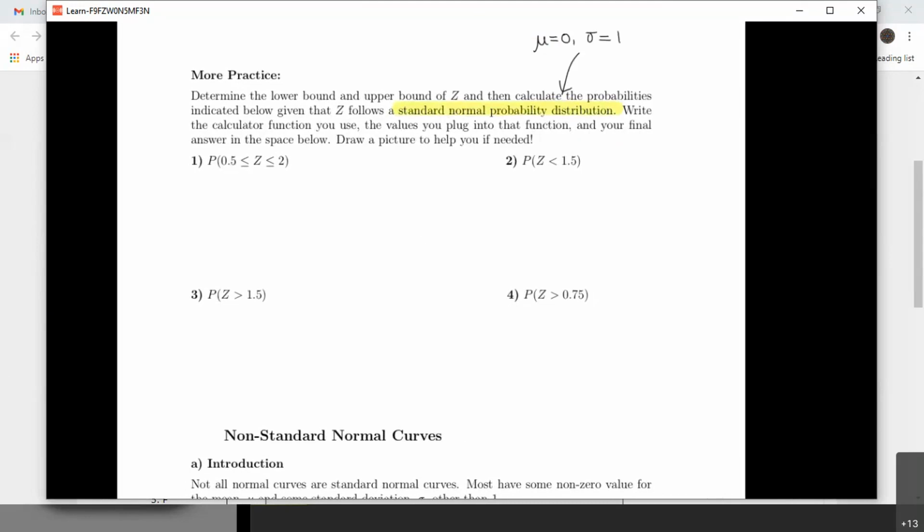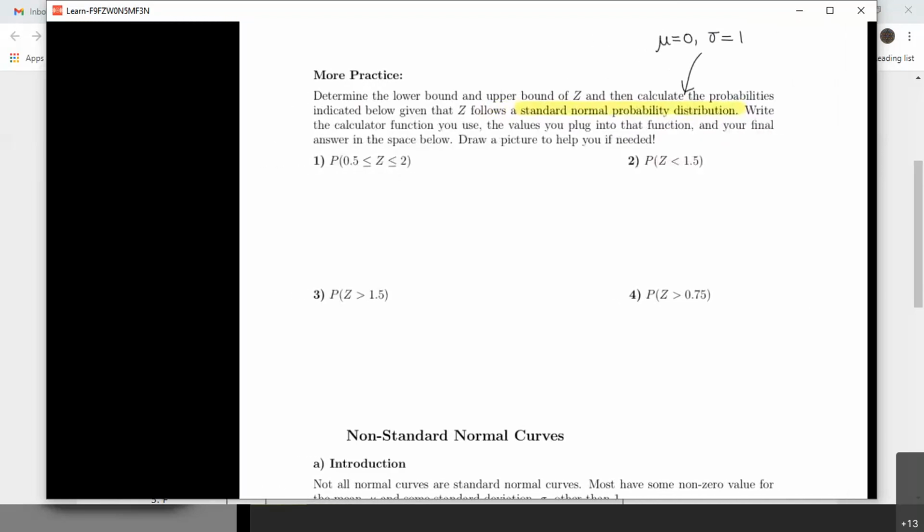You might have noticed your normal CDF and the online calculator will take any mean and standard deviation. So using those calculators doesn't require you to convert something to a z-score first. If you're not using a standard normal probability distribution, you can use those calculators right out of the box. So let's take a look at a few more standard examples though.